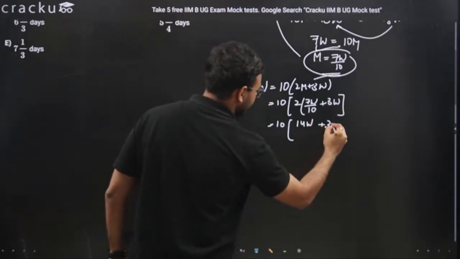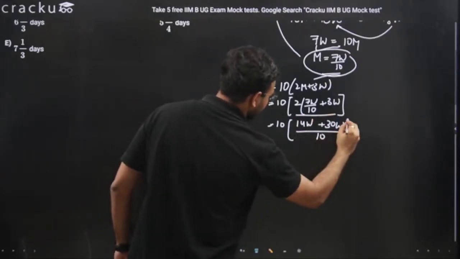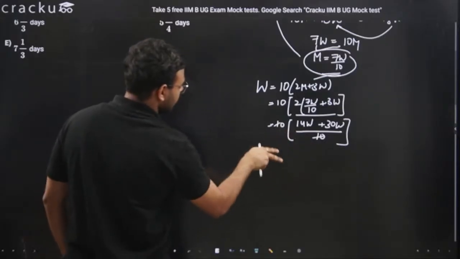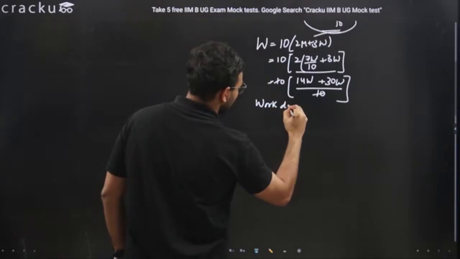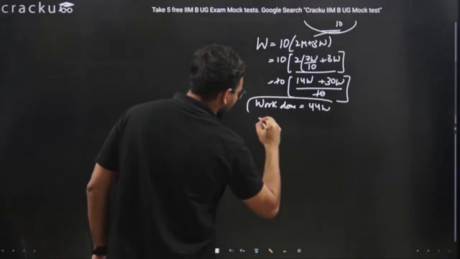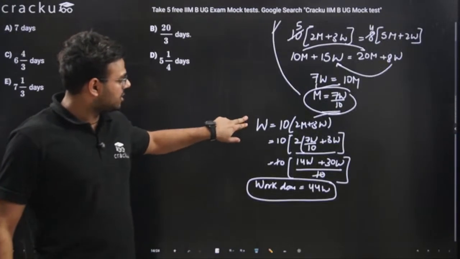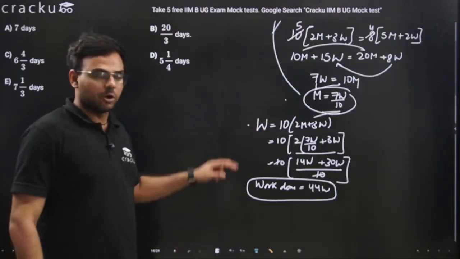Now if I take LCM as 10 in this one, this will become 14w plus 30w divided by 10. This 10 and this 10 will be cancelled, and ultimately the total work done will be 44w. I substituted the value of m in this equation and I got total work done as 44w.